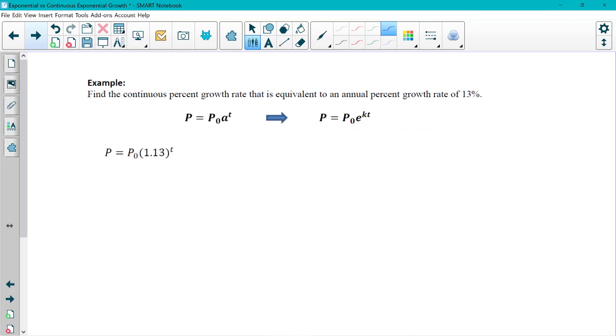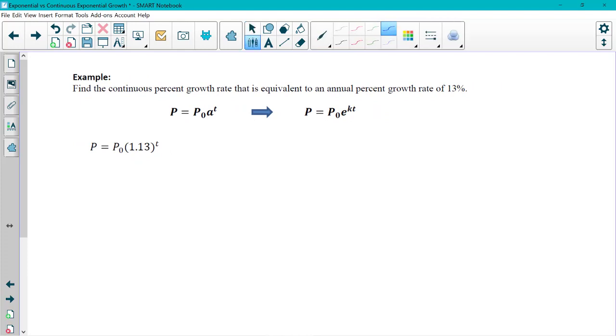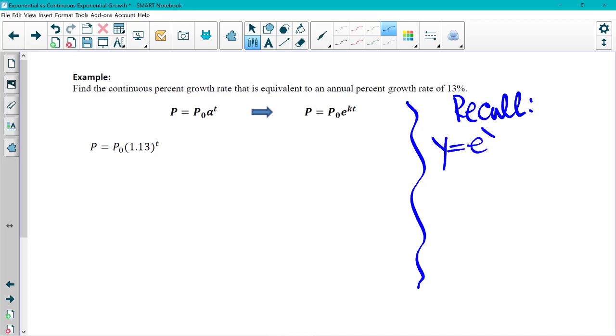Now, this one's a little trickier because it requires us to know some things about logarithms and exponential functions. So let's do a quick review on the side. If you recall, y equals e to the x and y equals the natural log of x are inverse functions.